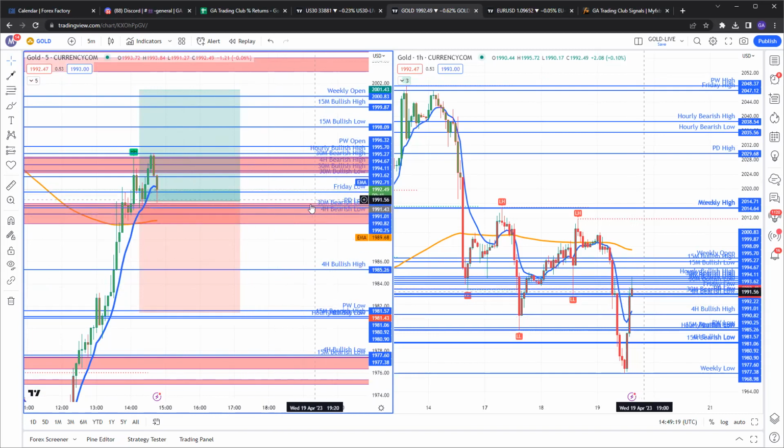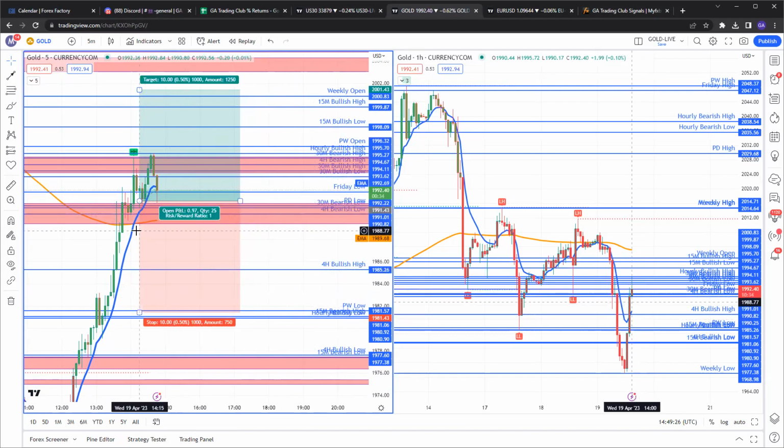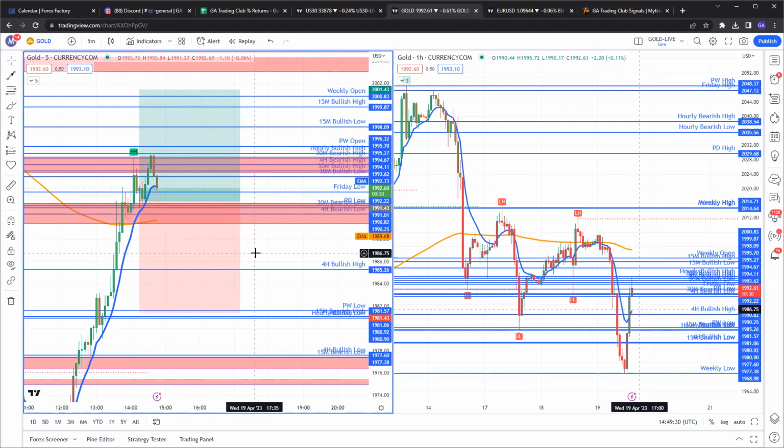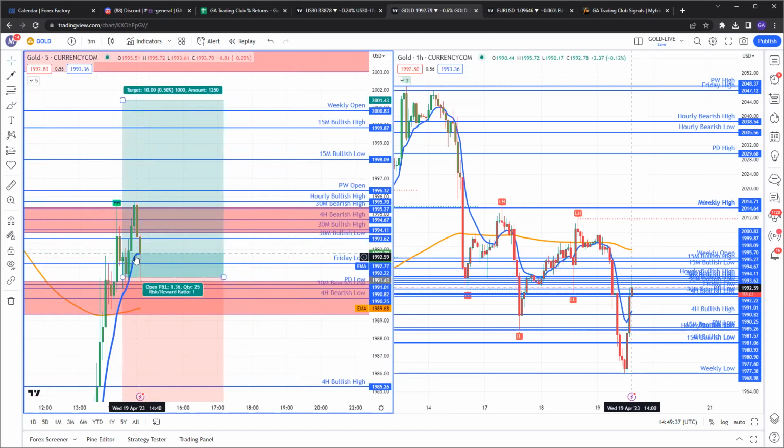More to that, price will have closed below the previous daily low, below the 30-minute bearish low, below the 4-hour bearish low. So if price closes below 1989, just be wary of that. Hopefully that makes sense.